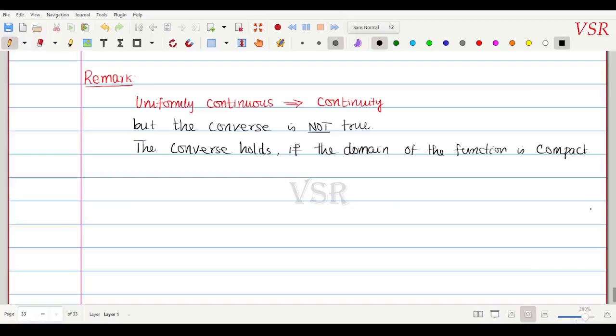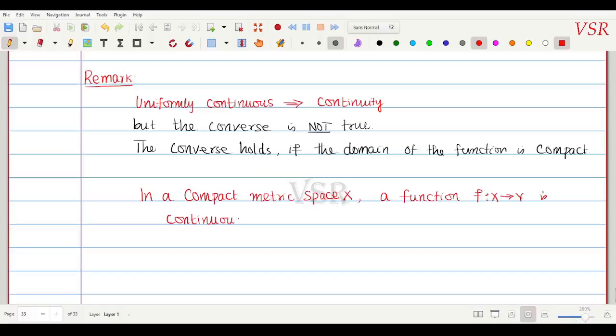Put another way, in a compact metric space, if X is a metric space, a function f from X to Y is continuous if and only if it is uniformly continuous.